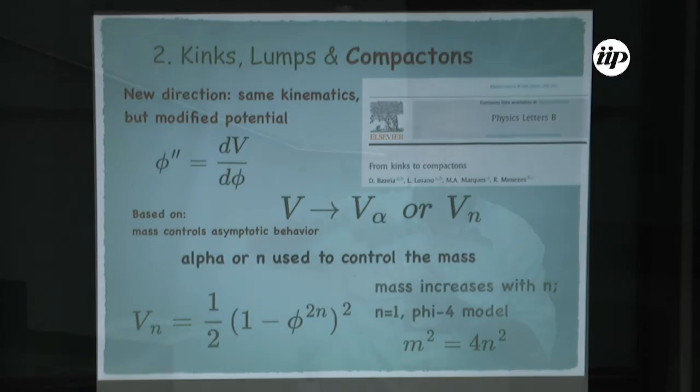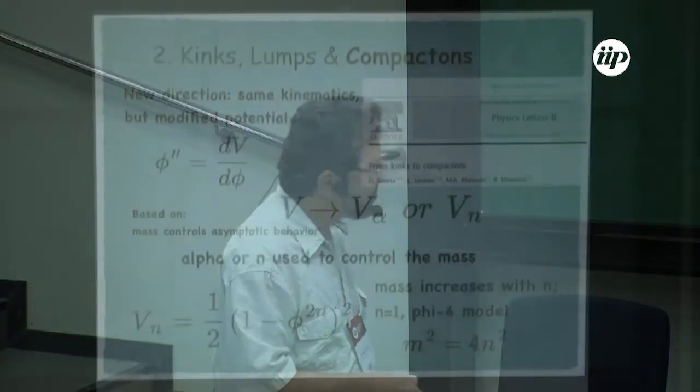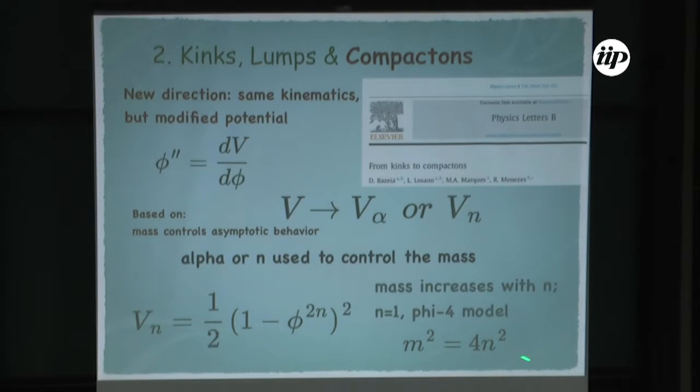It is still going asymptotically, exponentially, but we are kind of compactifying the solution. That's the idea. It's as simple as that. The mass of this model is controlled by n, so when n goes to infinity, the solution shrinks to a compact space.